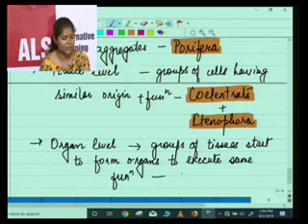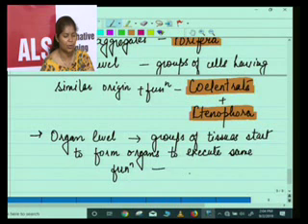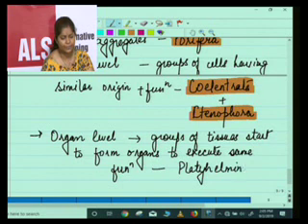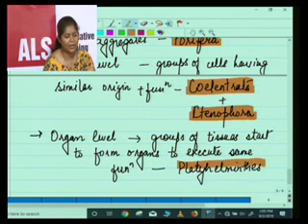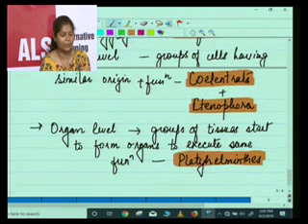The only phylum to have organ level organization is Platyhelminthes.